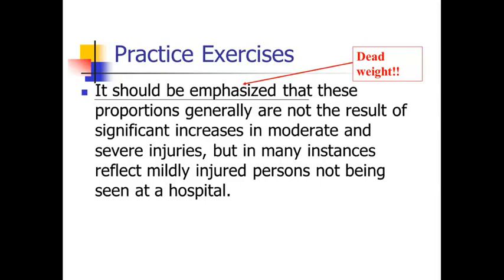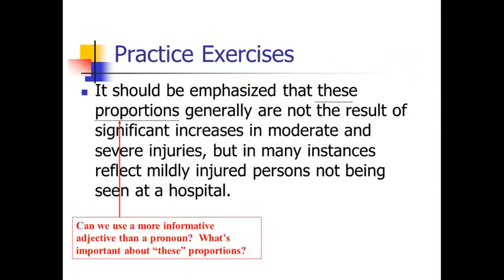Then we move along and we see "these proportions." Now, obviously the authors here are referring back to something they've been talking about in the previous sentence. But there may be a slightly more specific and more informative adjective we can use there rather than "these."